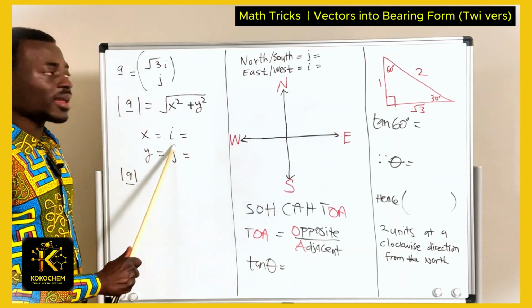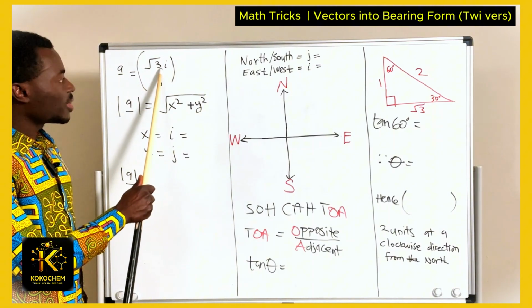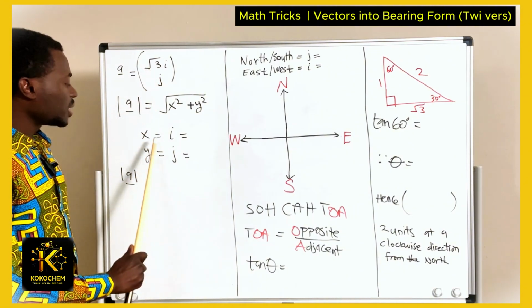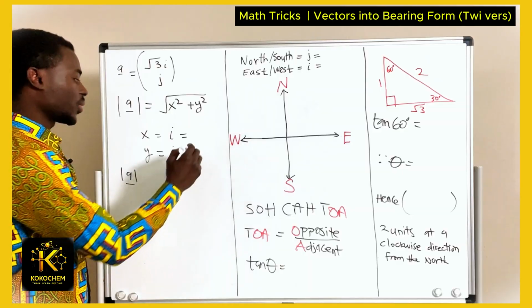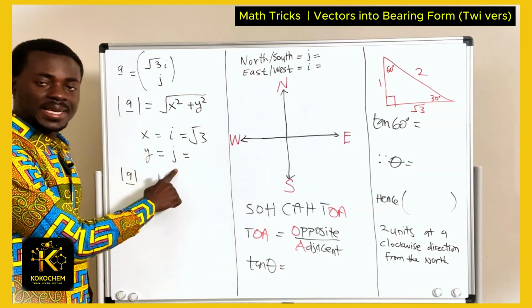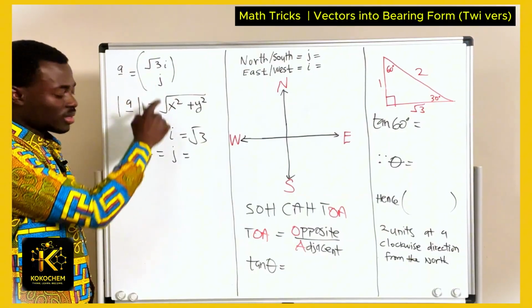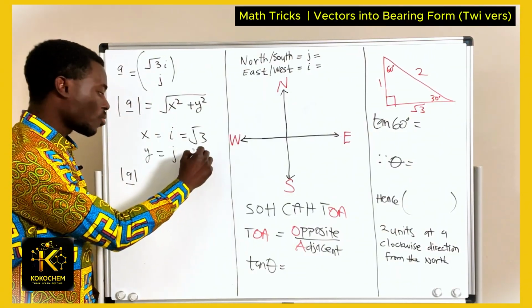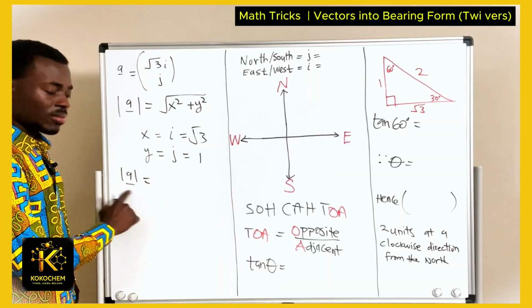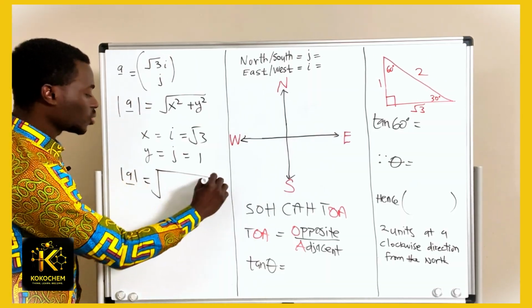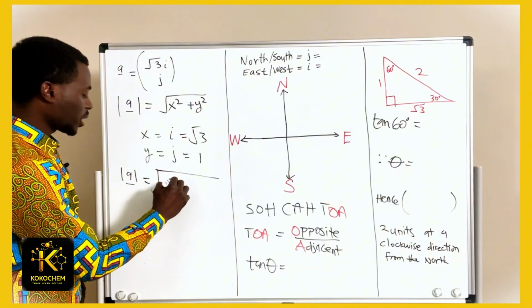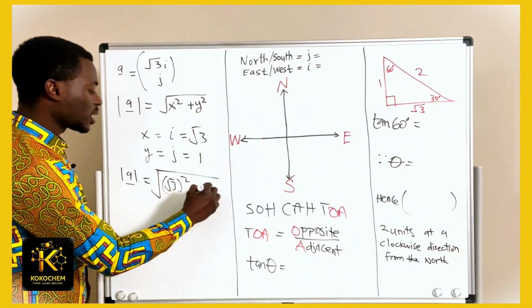X is the coefficient of i, which is root 3, therefore x is root 3. Y is the coefficient of j, which in our question is positive 1. So the magnitude of A is equal to the square root of root 3 all squared plus 1 squared.